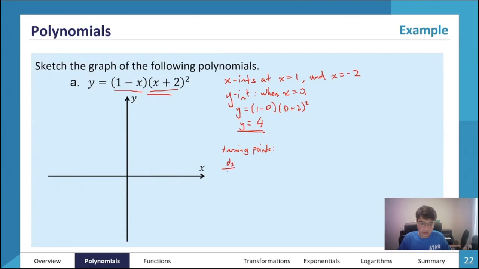Turning points. First of all, we find the derivative. Before we find the derivative, we need to expand this out. So I'll just do it up here. We have y equals 1 minus x times x plus 2 squared.